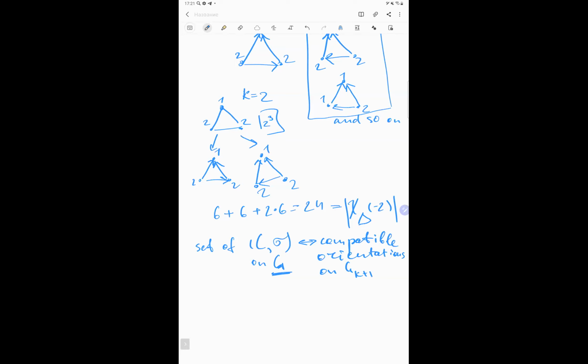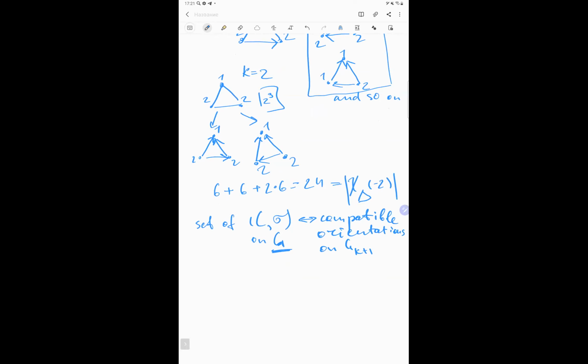Compatible orientations in our first sense. So, imagine we have orientation epsilon on G K plus 1, and if we restrict this orientation on graph G, it will be acyclic, because orientation epsilon on G K plus 1 was acyclic.